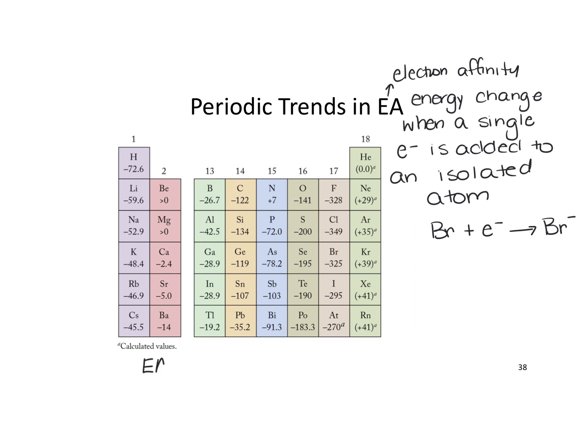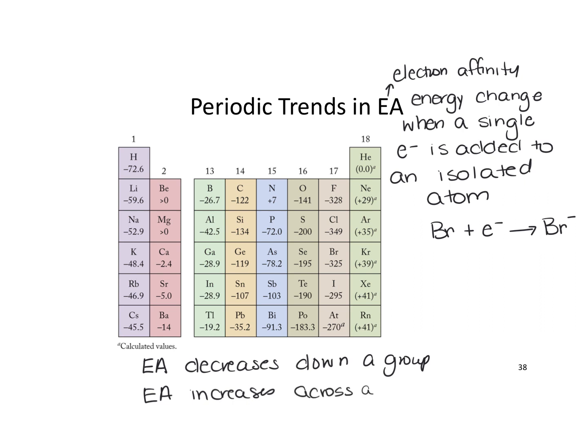Electron affinity decreases down a group, roughly. Now there are some exceptions here. And then it increases across a period from left to right.